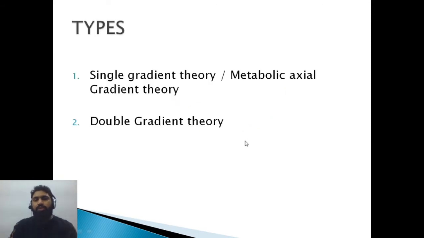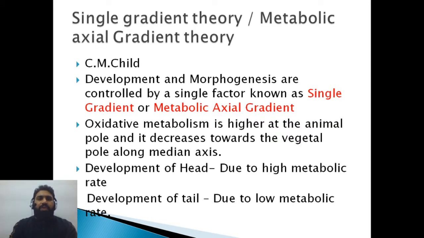Okay, so there are two types of gradient theory. The first one is the single gradient theory or metabolic axial gradient theory, and the second one is the double gradient theory. Here we are going to discuss both the single gradient theory and the double gradient theory. First of all, we are going to discuss the single gradient theory or metabolic axial gradient theory.